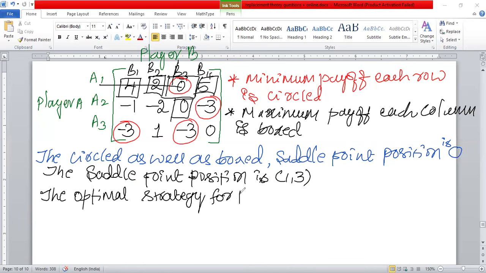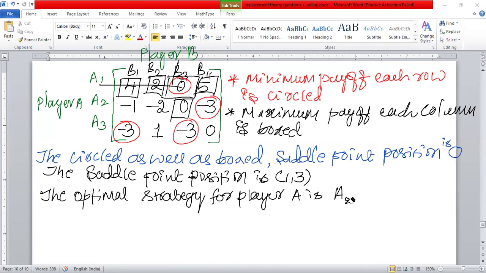Then the optimal strategy for player A is A1.